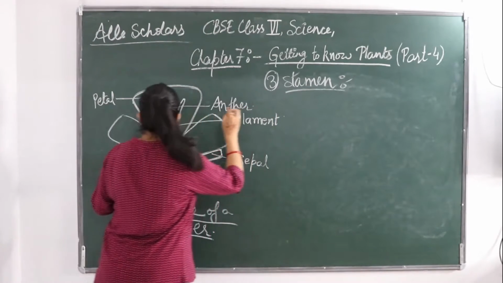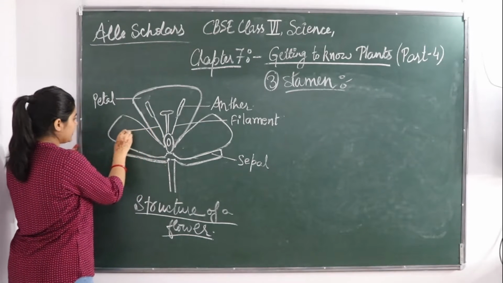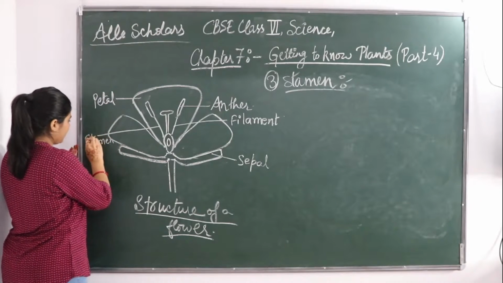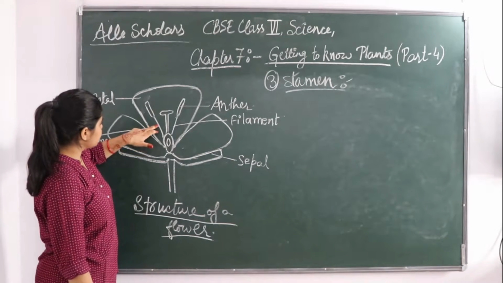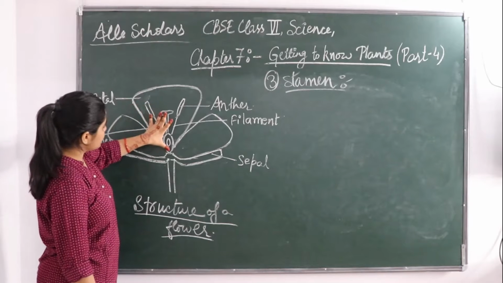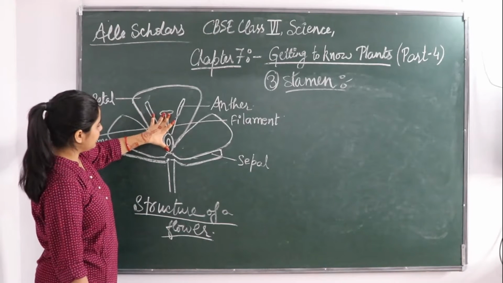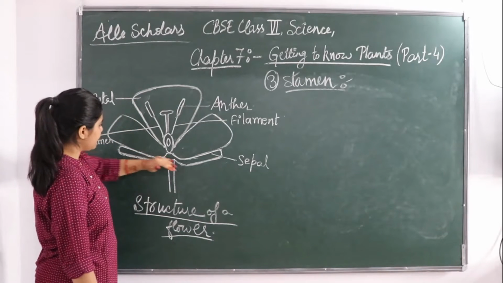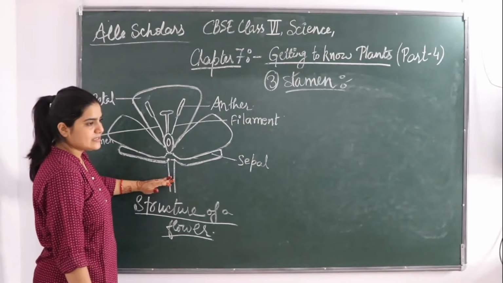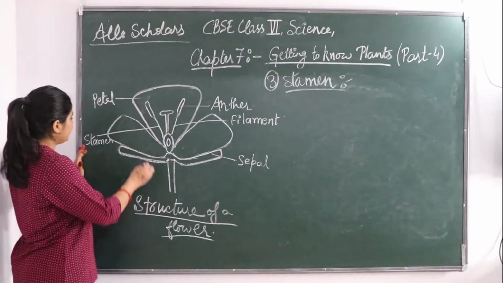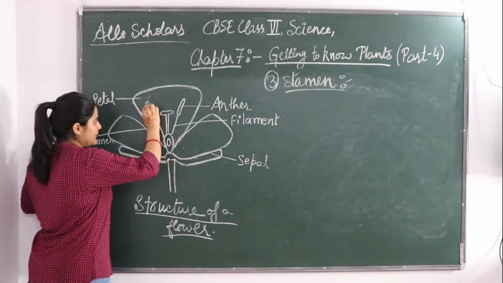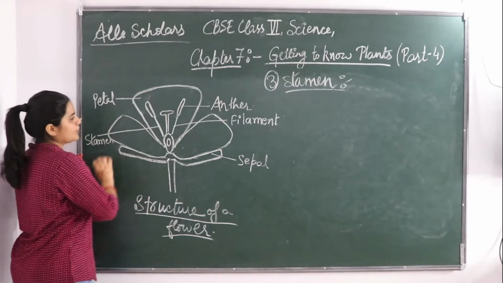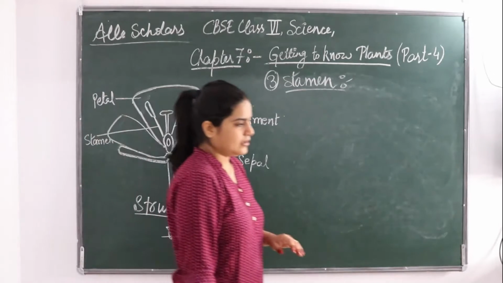So basically this whole structure is a stamen. Clearly you can see this is a stamen. This portion is the female reproductive part, that is the pistil. Petals and sepals you have already seen. The one below is the stem. In this stamen, the upper portion is an anther and this lower long portion is a filament.